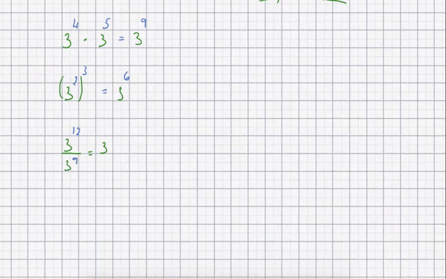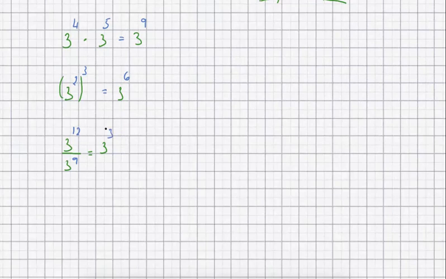No, you don't divide, you subtract. So if you have a kefel, multiplication, you add the powers, and if you have chiluk, division, you subtract them. Okay, so it's 12 minus 9, which is 3.